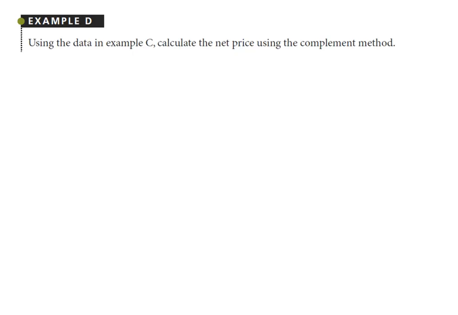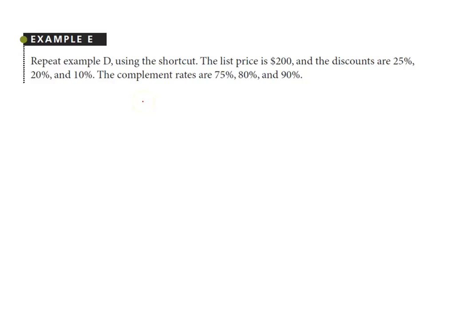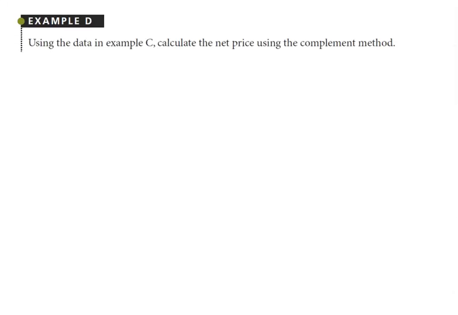So that was just one way to calculate this. We can also use the complement method. And so we're going to use the same data here. And so remember that was a $200 list price, and we had series discounts of 25%, 20%, and 10%. So by using the complement method, we're going to find the complements of each of these.